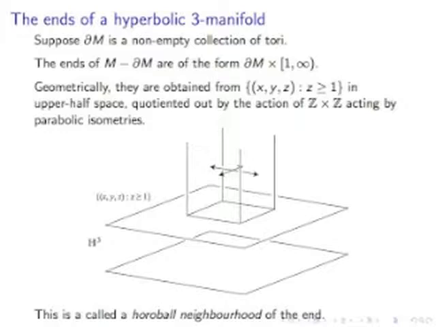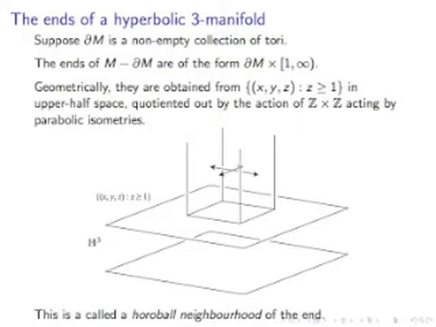So a fundamental domain for that action is given by a parallelogram in the plane cross half-open interval going off up to infinity. So the ends, the torus cross I, are obtained by taking parallelogram cross I and identifying opposite sides in pairs. That's what the ends of a hyperbolic manifold look like, and it's called a horoball neighborhood of the end.